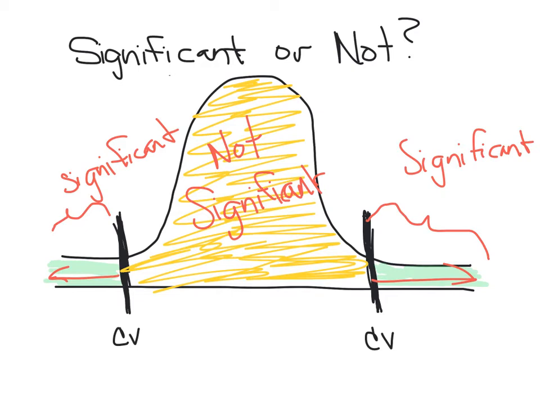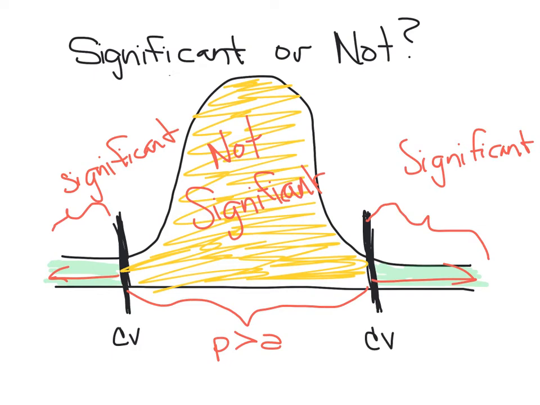Now, just as I had created the video on comparing p to alpha, this is very much related, because anything in this large area is going to have a p-value larger than your alpha level.